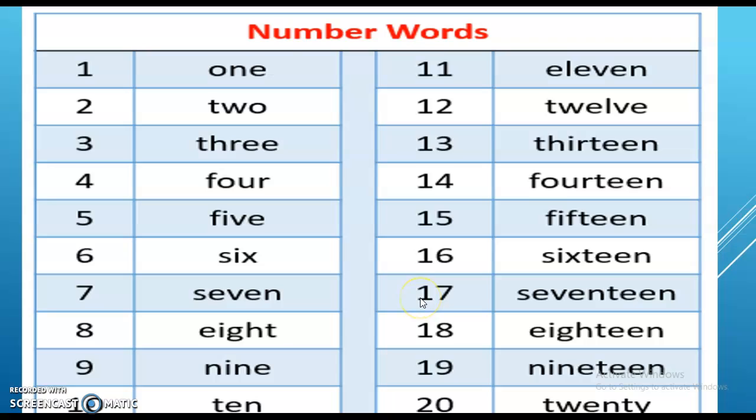Okay, so now please take out your fingers. Okay, keluarkan jari. Okay, jari kan ada 10. Okay, jom kita kira sama-sama. 1, 2, 3, 4, 5, 6, 7, 8, 9, 10. Okay, so we have 10 fingers.